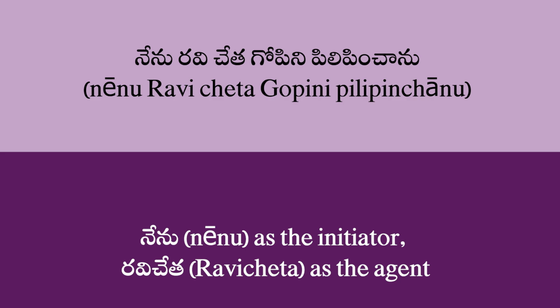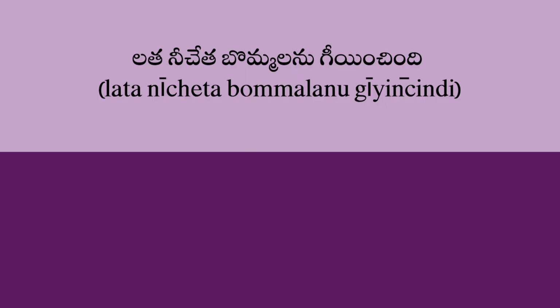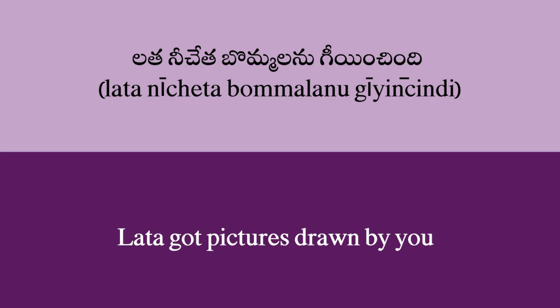Here నేను is the initiator, Ravi cheta the agent, and Gopini the object. Another example, లత నీ చేత బొమ్మలను గీయించింది. Lata got pictures drawn by you, which illustrates the same rules. Understanding these structures ensures accurate sentence construction in Telugu. Shall we go to the next one?